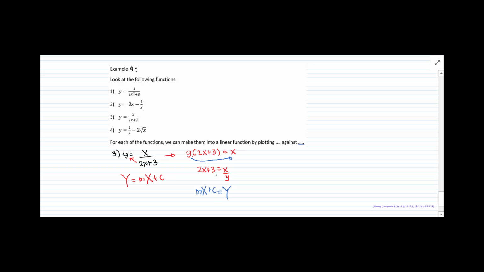Are they the same now? Oh yes, they are the same. So the big Y will represent x over y, and the big X will represent x. Okay, so what do we have to plot? We have to plot x over y against x to make it a straight line.